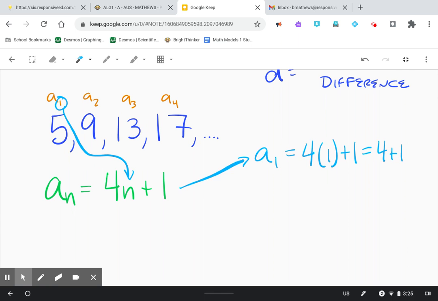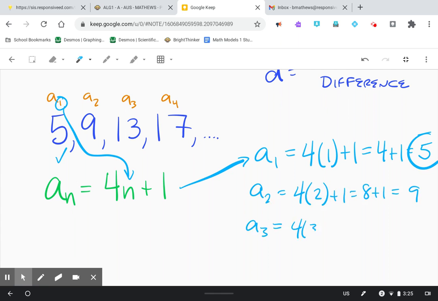I get 4 plus 1, which equals 5, which is the first term of the sequence. If I continue, A2 is 4 times 2 plus 1, which is 8 plus 1, that's 9. A3 is 4 times 3 plus 1, which is 12 plus 1, 13. And the fourth term is 4 times 4 plus 1, which is 16 plus 1 equals 17.